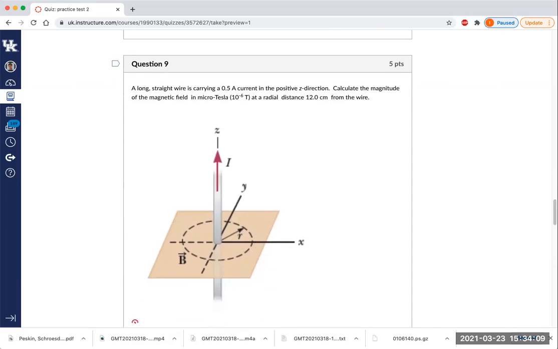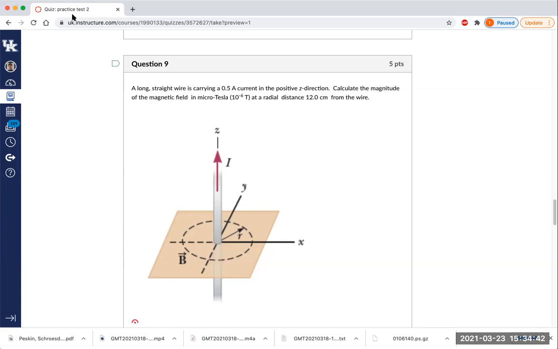Okay, question number 9. A long straight current carrying wire carries a current of 0.5 amps in the positive Z direction. Calculate the magnitude of the magnetic field at a radial distance of 12 centimeters from the wire. So this is a question about a magnetic field of a long straight current carrying wire. So we met some equations for magnetic fields of current carrying arrangements, loops of wires, straight wires.